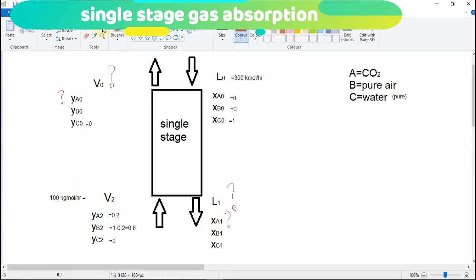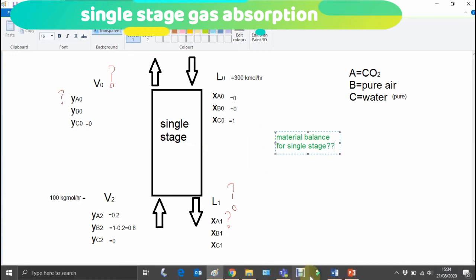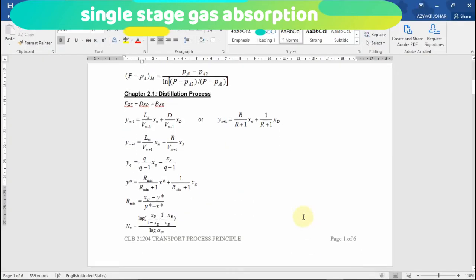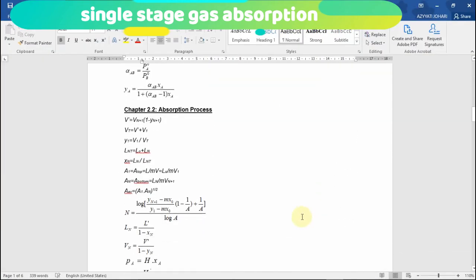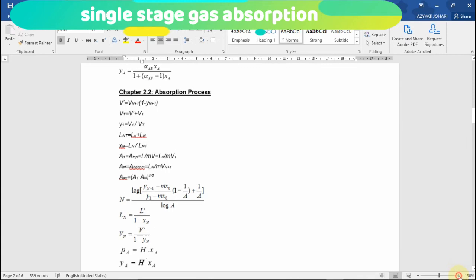The first balance that we can use is the material balance for a single stage. How can we find this material balance for a single stage? It is from your appendix. I already attached an appendix in your VLE, and you refer to Chapter 2, absorption process.